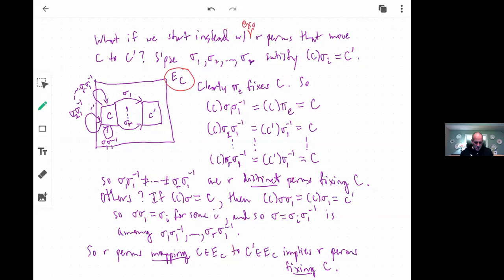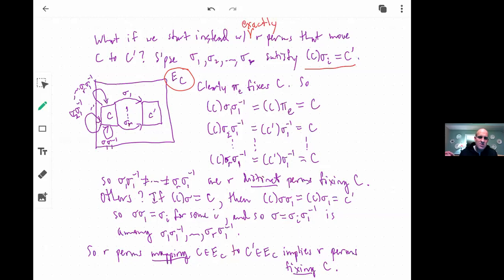I just want to make sure it's very clear. We're talking about exactly R permutations that move C to C prime. Name them sigma 1 through sigma R, and all of those move C to C prime. That's what this is saying right here. Of course, the identity permutation always fixes the coloring C. So again, sigma 1 through sigma R move C to C prime.